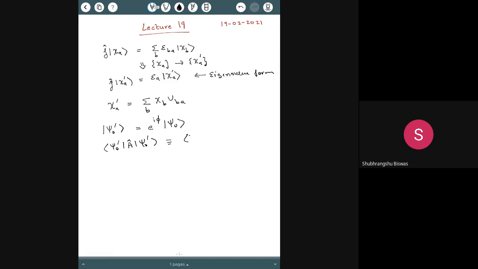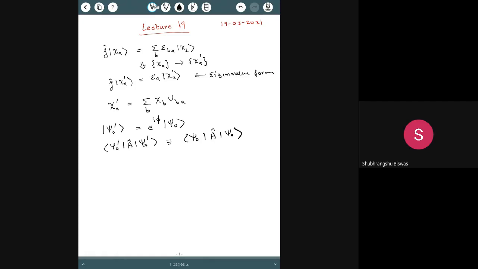And these would be equal to psi naught, A, psi naught. And if A is the Hamiltonian, it also tells us that the energy is also unchanged.